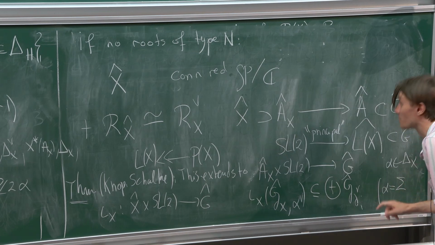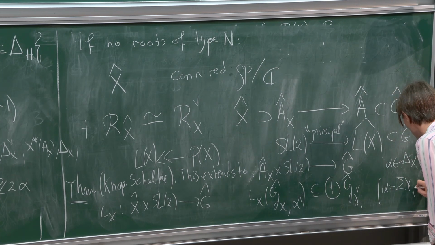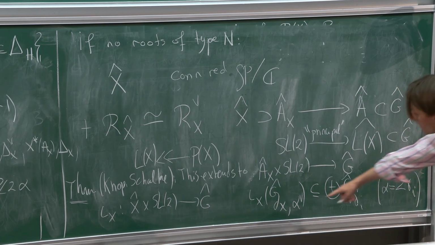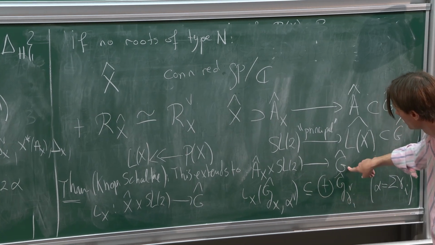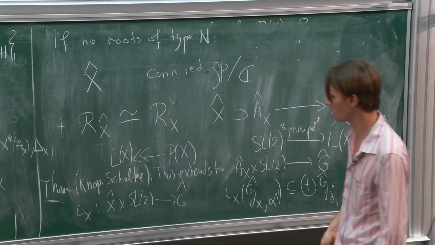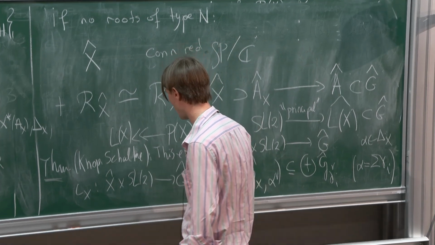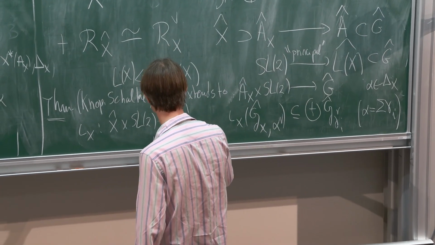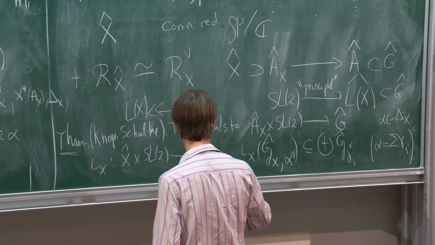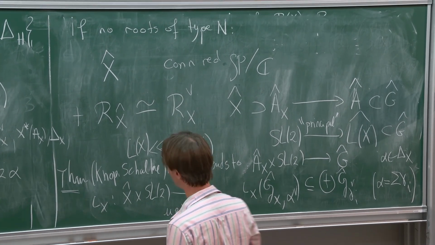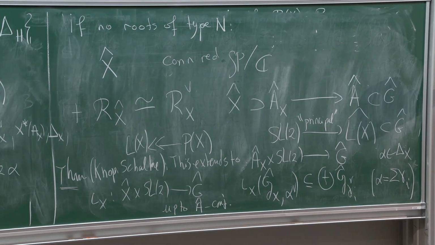You write, as before, alpha as a sum of one or two positive roots, and this gives you some root spaces in G hat, and this is the condition which prescribes this morphism up to A hat conjugacy.